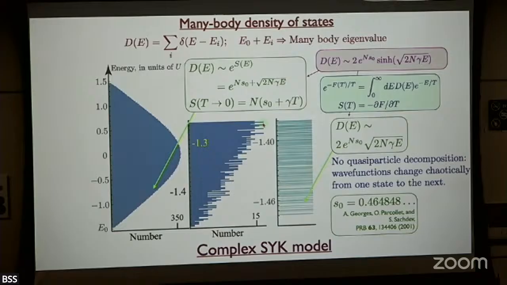And that tells you there is no quasi-particle basis. Because if you had some finite set of quasi-particles, there'd probably be n possible labels for those quasi-particles, so the total number of states would be of order n. The density of states cannot be exponentially large if there's a quasi-particle basis. So that is the proof that you can't think of these states as adding and removing a quasi-particle.